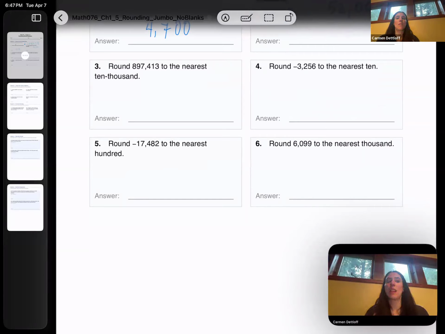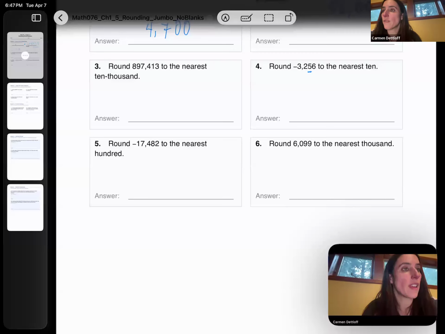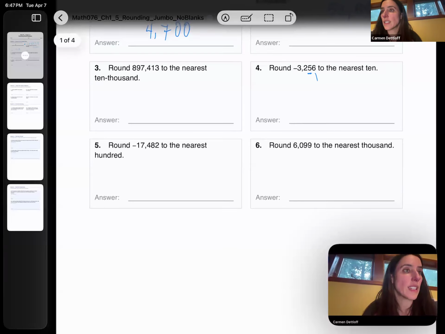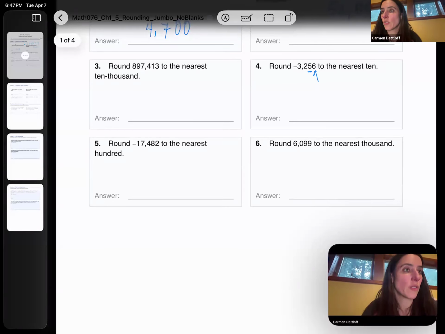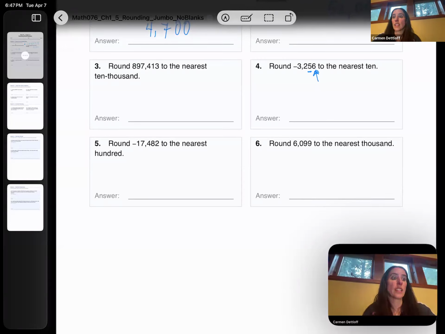Now I ask myself, if there's a negative out front, does that change the way I round? No, it does not. The negative is just there, and we're going to treat it like a normal problem, but my answer will have a negative in it. So let's look at my tens column. That 5, and I'm going to look at the 6 digit right here. And do I round 6 up or down? 6 is in the upper half of the number line, so I'm going to round up.